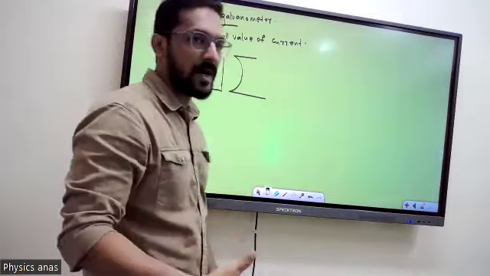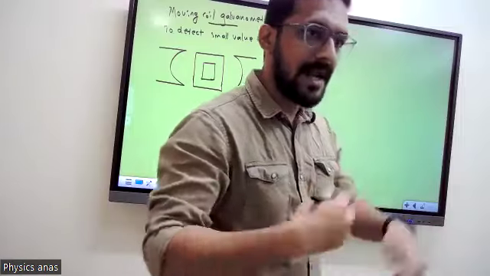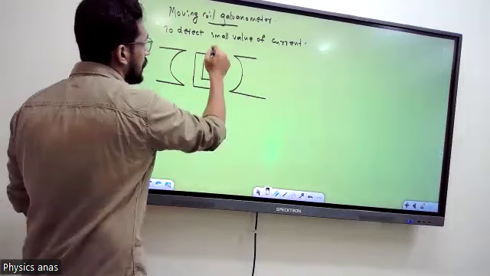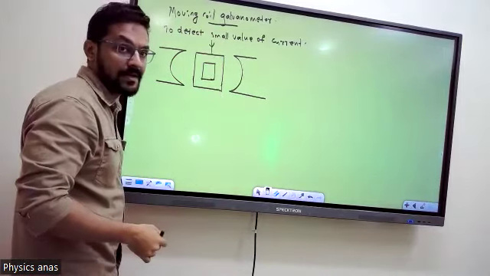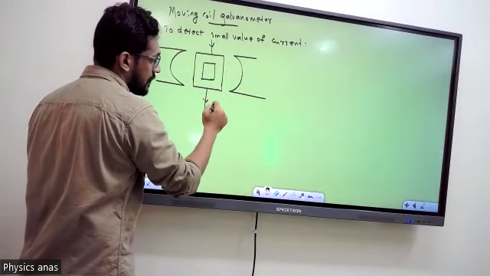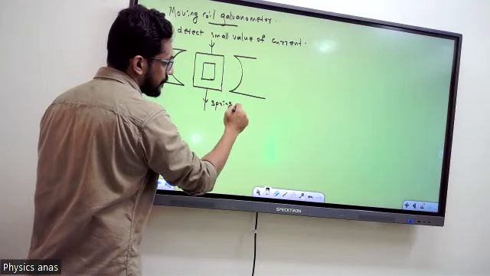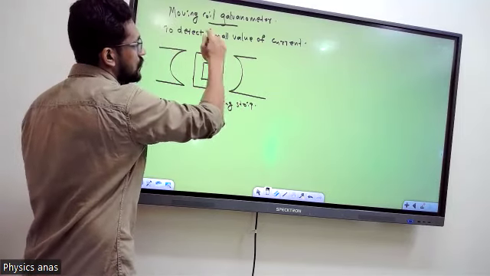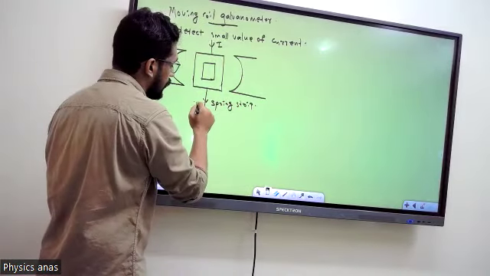This is an aluminum frame, and there is insulated copper wire wound on that aluminum frame, and there will be a phosphor bronze wire here, and here you will have a spring stripper. Current is entering the galvanometer like this and leaving like this.